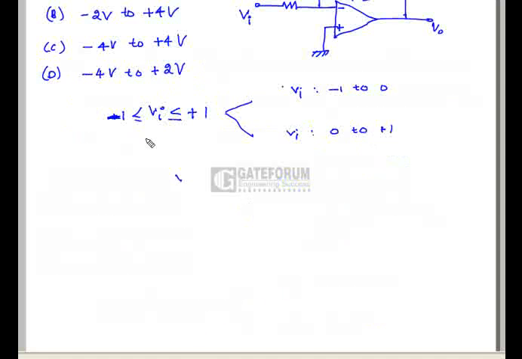Whenever Vi is negative, output is positive. Vi is positive, output is negative. So in case 1, whenever Vi is negative, that means -1 to 0, V0 is positive.